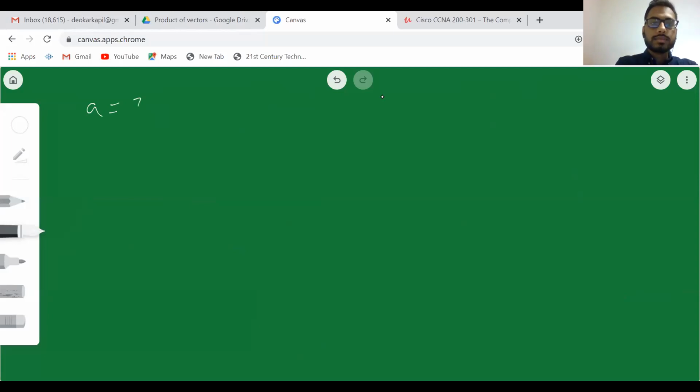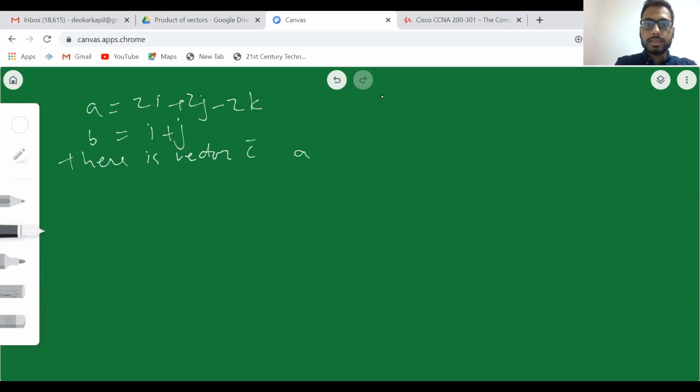A is given, which is 2i plus 2j minus 2k. B is given as i plus j. There is a vector C such that it satisfies this condition.